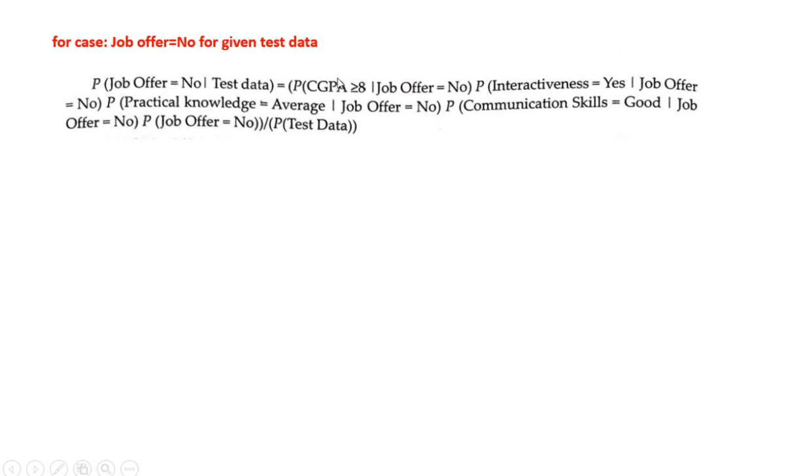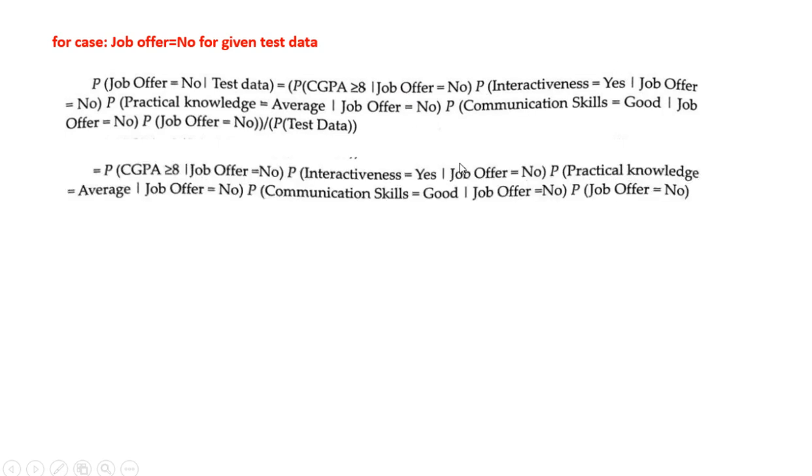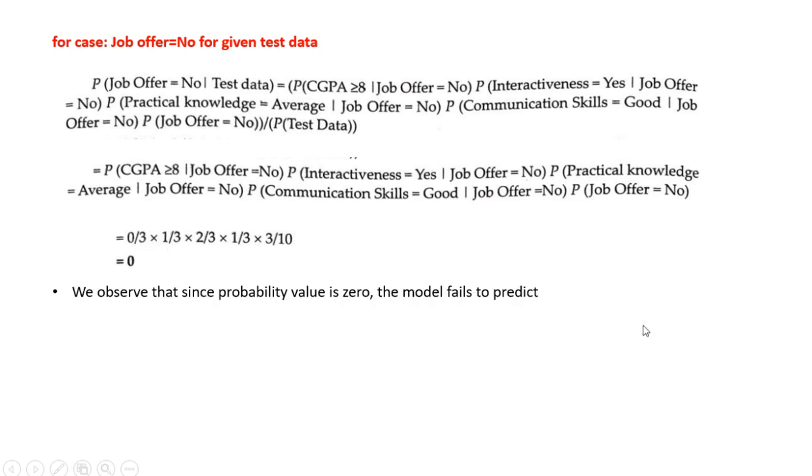Now I will repeat again for job offer equal to no. For the same test data, when I apply the Bayes equation, I see that one of the terms is giving me a 0 value: the probability of CGPA greater than or equal to 8 with job offer no. So the probability that a student gets a CGPA of greater than or equal to 8 but still has a job offer no, this likelihood is 0, and therefore the entire probability becomes 0.